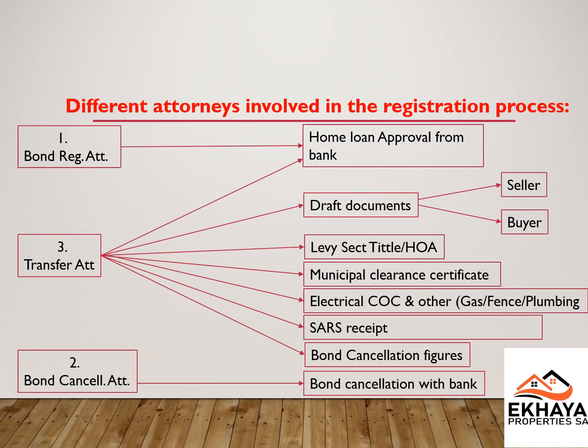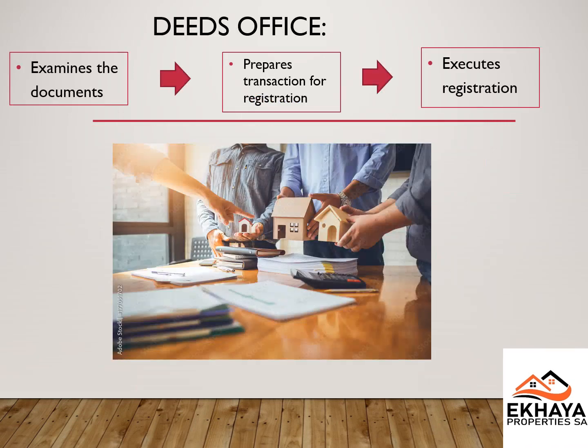So all these are handled by the transferring attorney. Then the bond cancellation attorney does the cancellation of the existing bond. At the deeds office, they examine the documents, they prepare the transaction for registration, and then execute registration.